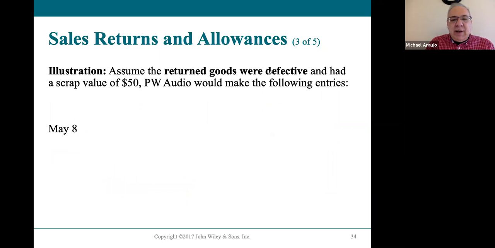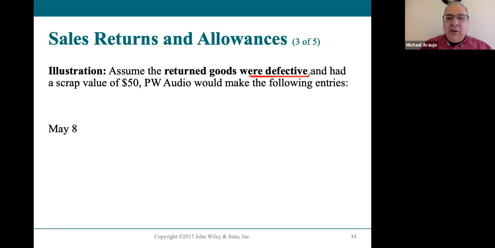Your book shows here, and again, what happens if they were defective? What happens if that circuit was really a defective circuit, and that's why they returned it? Certainly, PW Audio could not resell that to another company. It'd be crazy to do that, right? We're very fortunate to live in an era where manufacturing is incredibly good.